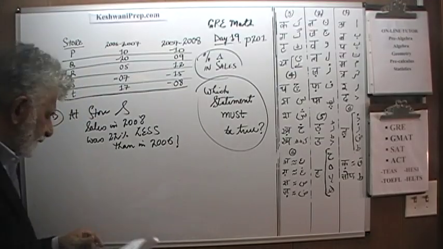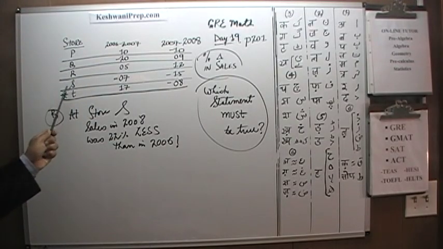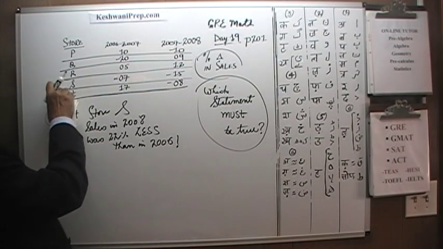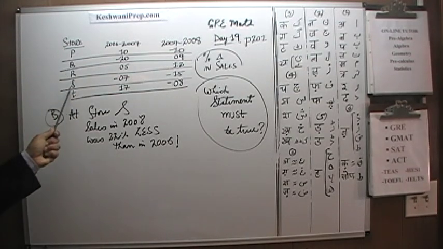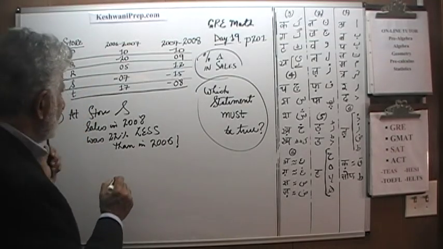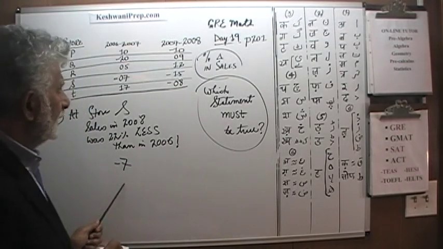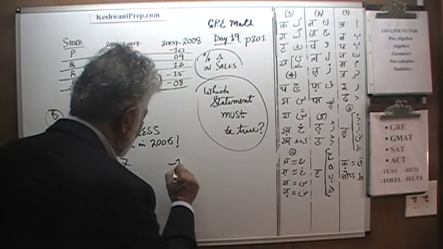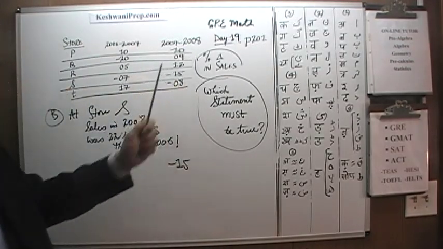Let's see if that statement is correct. Store S, where is it? Now we're dealing with store S. In store S, as you can see, from 2006 to 2007 it went down by 7%, and then it went down by another 15% the following year, from 2007 to 2008.